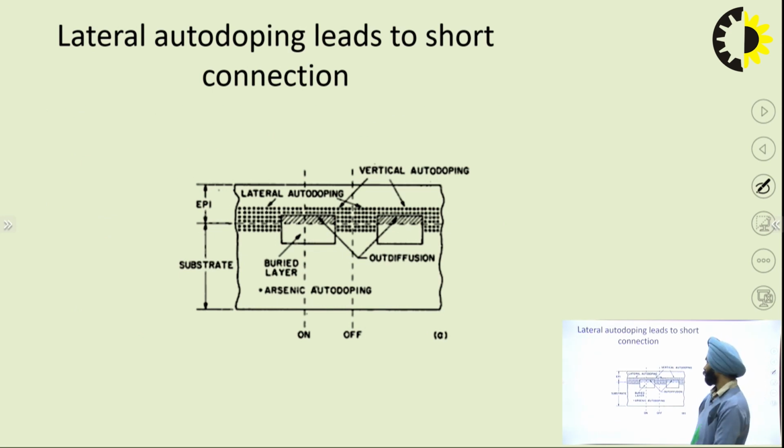So accordingly, we have different types of distortions that will occur in the epitaxial layer. These are the general descriptions of the layers due to the autodoping, and the buried layer that we see.